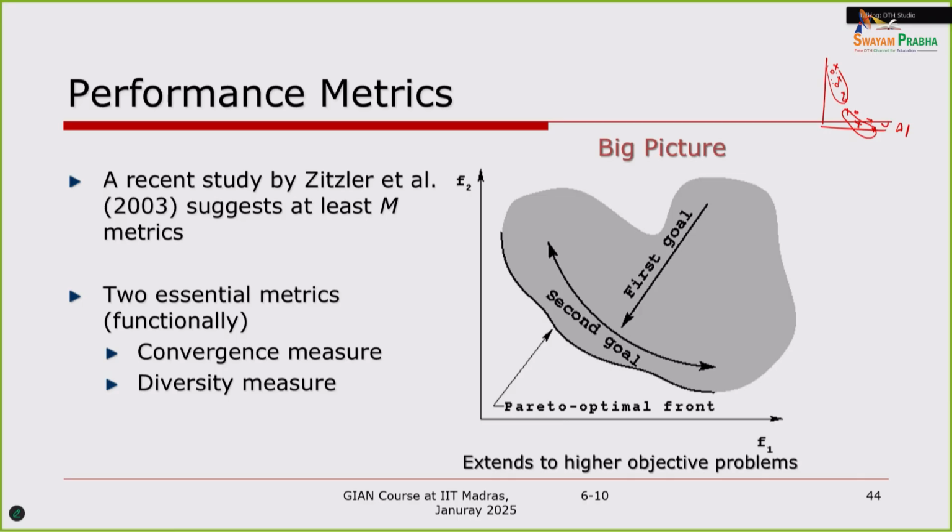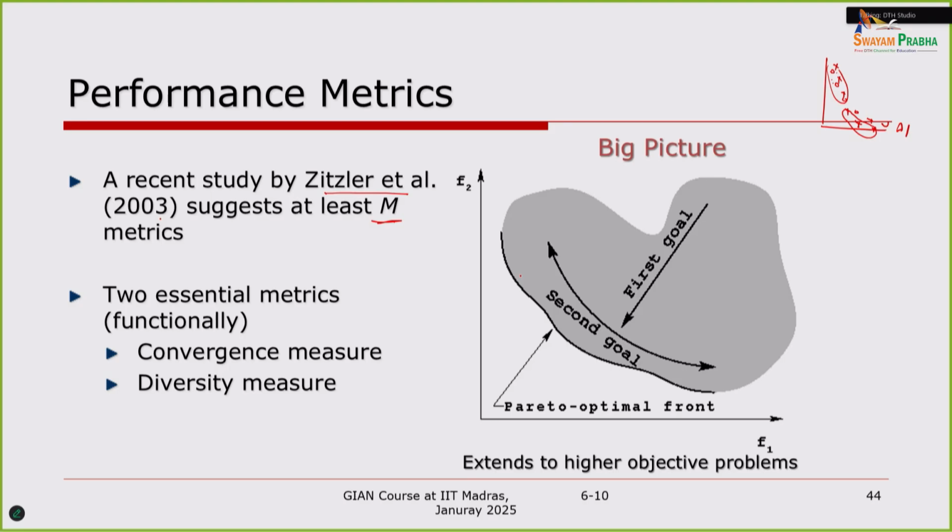In fact, a group of researchers in 2003 came up with saying you need M metrics. You cannot have one metric. You compute M metrics, and then together these M metrics say something about which is better. They are very difficult to use. Theoretically they are fine, but being an engineer, I look at things functionally. So I look at what the goal of multi-objective optimization is. The first goal is to converge.